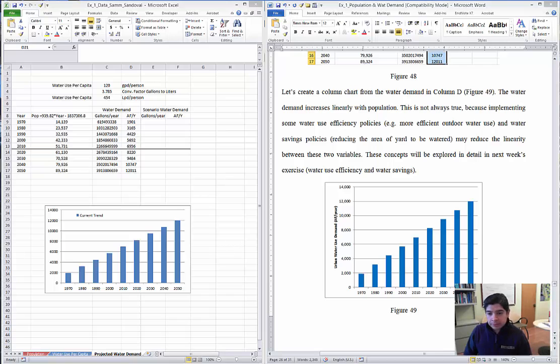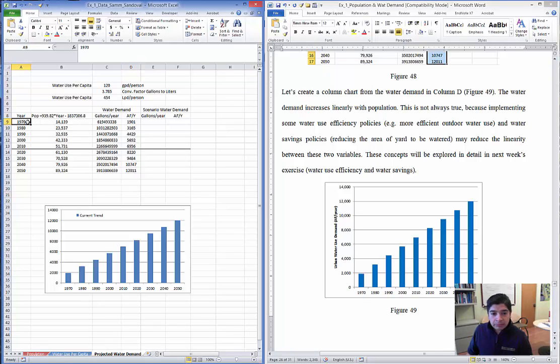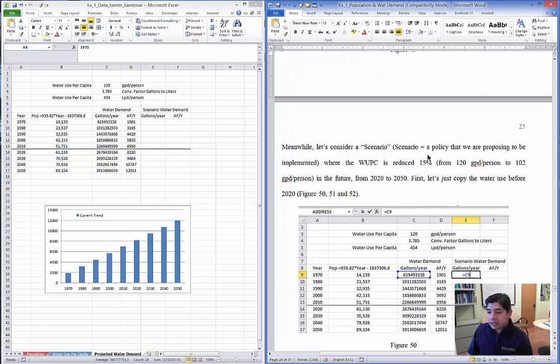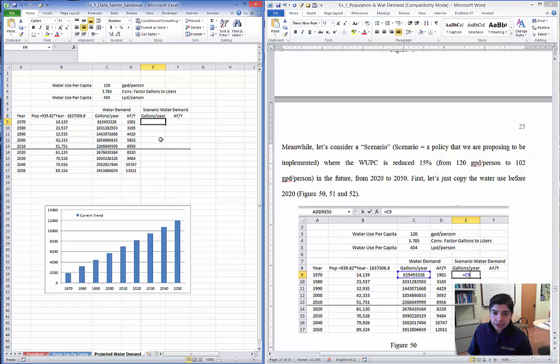Okay, and then we're going to plan for a scenario that actually will use the same amount of water before 2010, but it will only use, instead of 120, we're going to reduce it to 102 gallons per day. So a reduction of 15%. So for these years, we're going to use exactly the same water demand for this scenario.